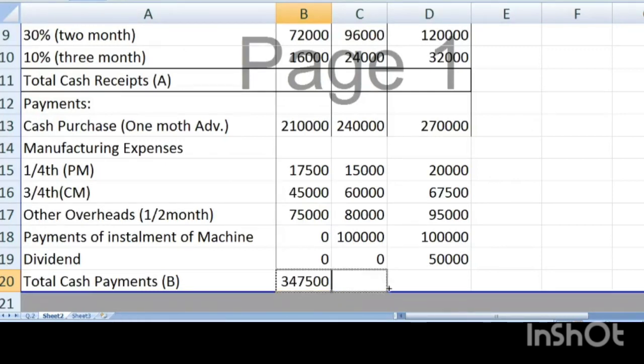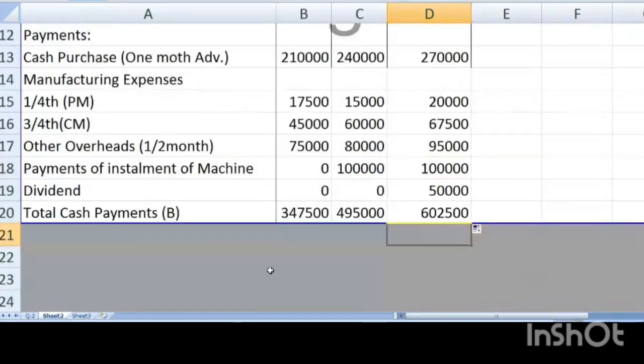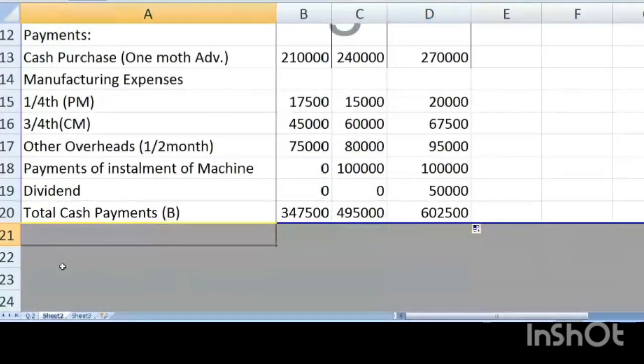Okay, same total here and here. These are the totals. Is it correct or not? Let's confirm it. Correct.